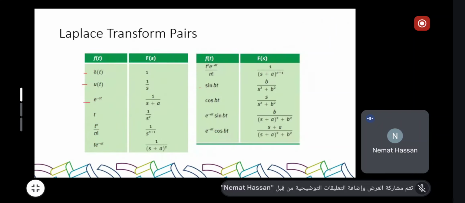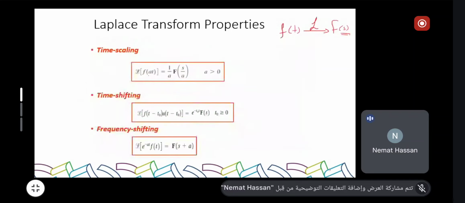For example, let's take this signal as our original pair. Let's say I have e power minus 2t, which has the Laplace transform of 1 over s plus 2 from the table. Now, what if I want to find the transform of e power minus 2t over 3? What would be the Laplace transform without any calculations?